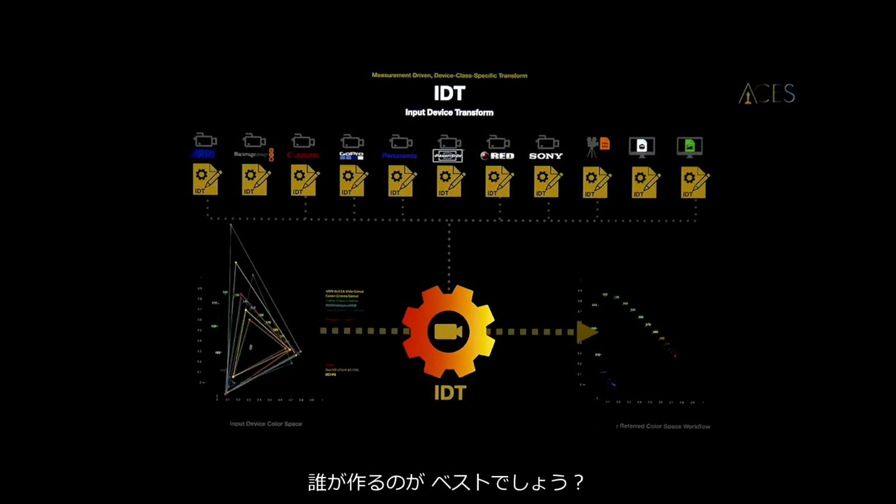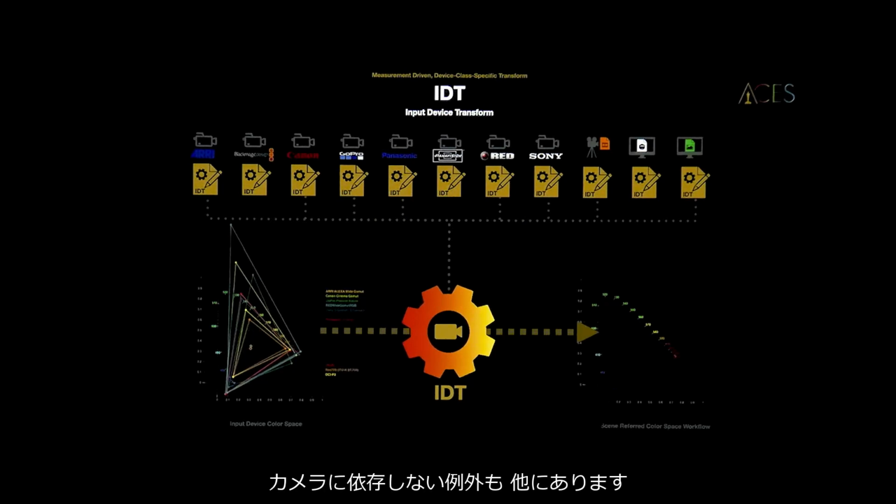Who is the best person to create that? Well, the manufacturers. So Arri is going to create the IDT for their cameras, and Canon the same, Blackmagic the same. So every manufacturer is going to create their own way of transforming from their camera, since nobody knows the camera better than them, into the ACES color space.